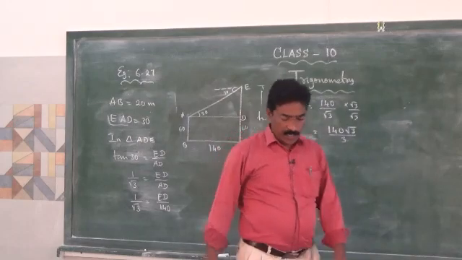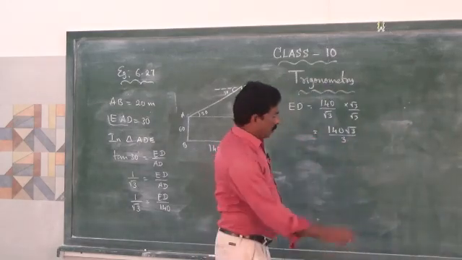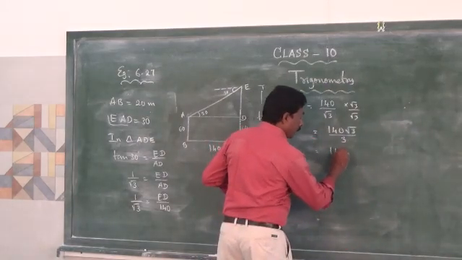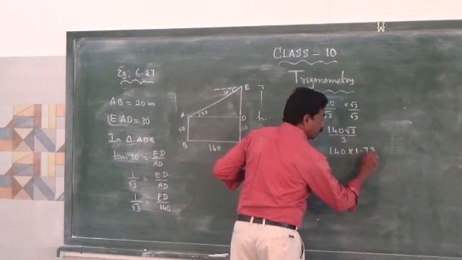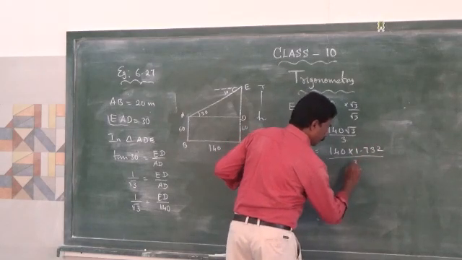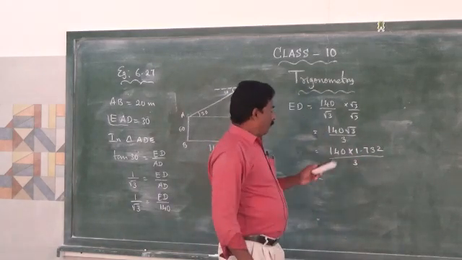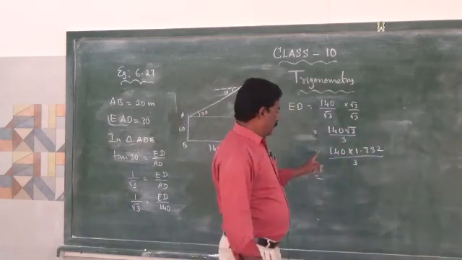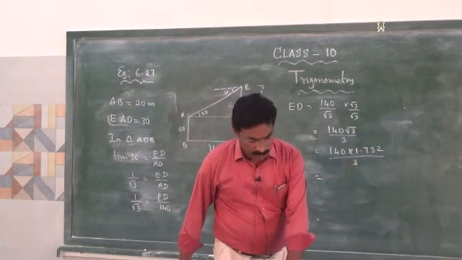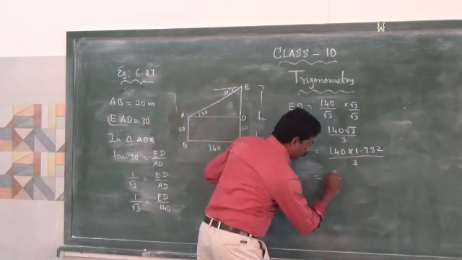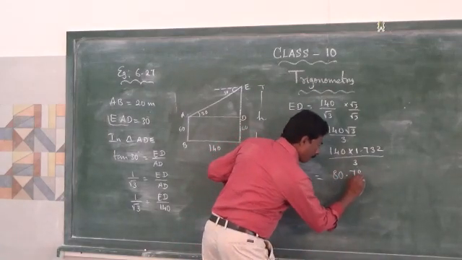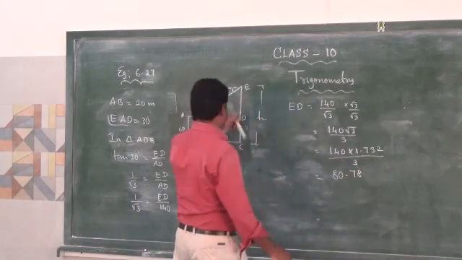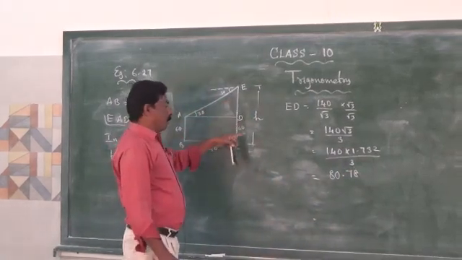So 140 into root 3, that is 140 into 1.732, the root 3 value, divided by 3. When you multiply 140 into 1.732 and divide by 3, you will get 80.78. That is ED. ED is 80.78.